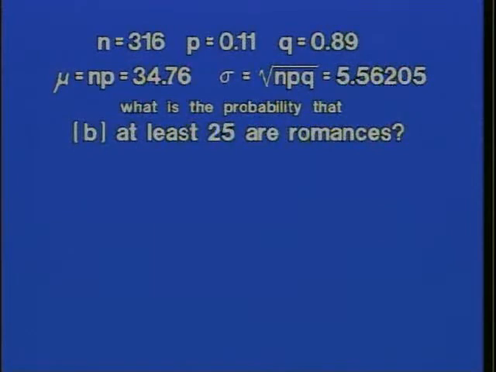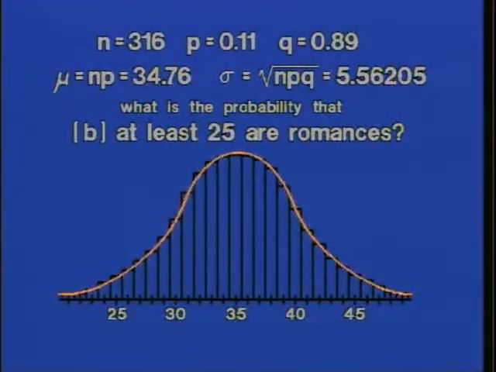Let's calculate the probability that at least 25 are romances. We'll start the way we did before with our binomial distribution and normal distribution overlaid with one another. And here is the position that exactly 25 romances are sold. And we want the probability that at least 25, that's 25 or more.